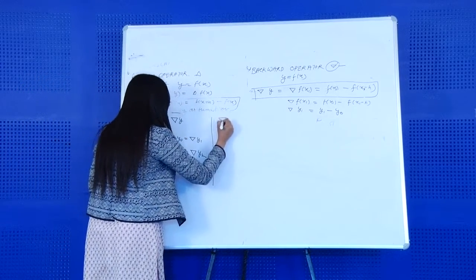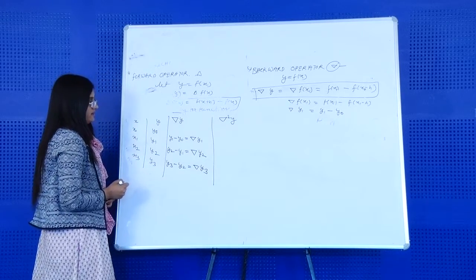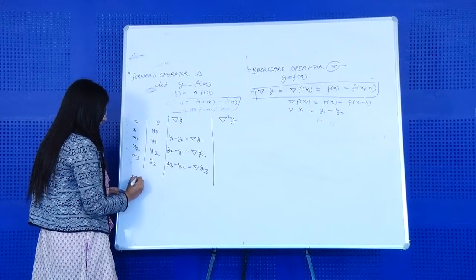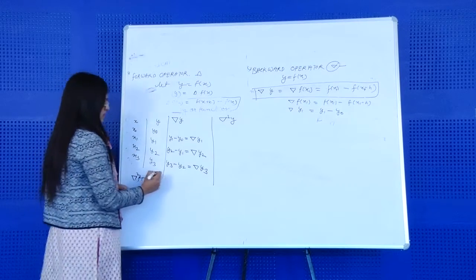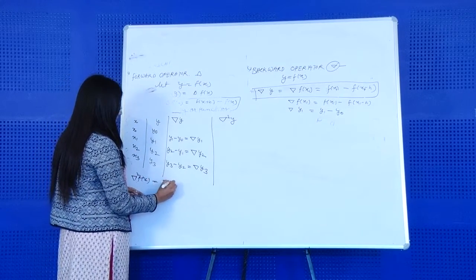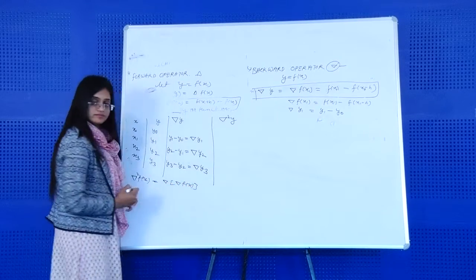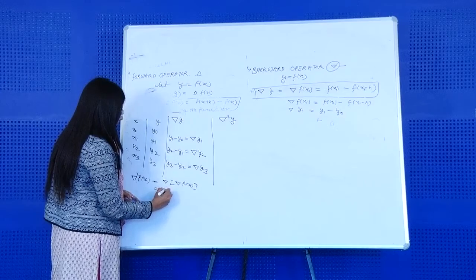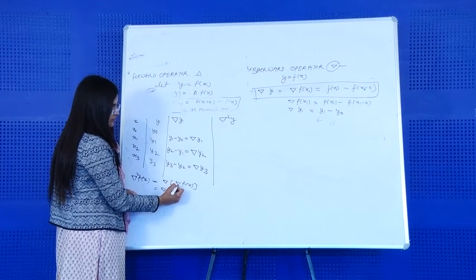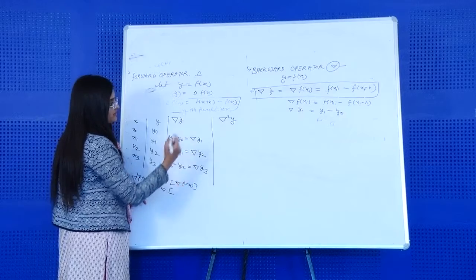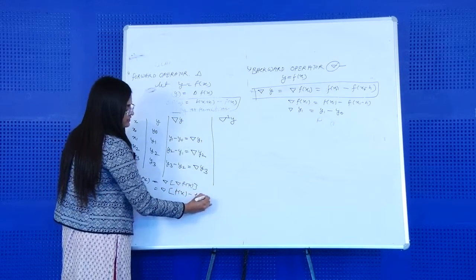And the second order of nabla is again nabla square of f of x. What is it? It's nabla of nabla of f of x. I open this nabla f of x with the definition f of x minus f of x minus h.